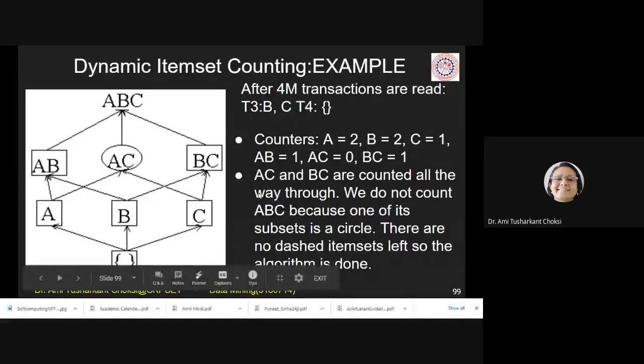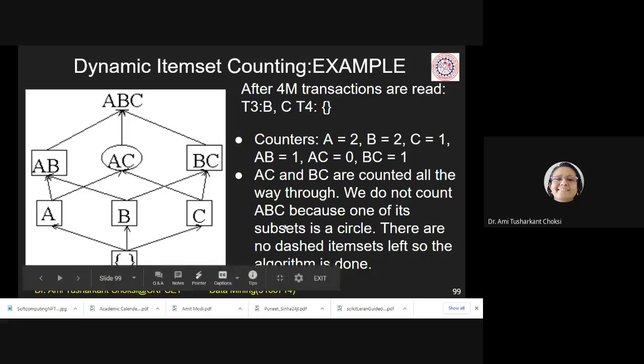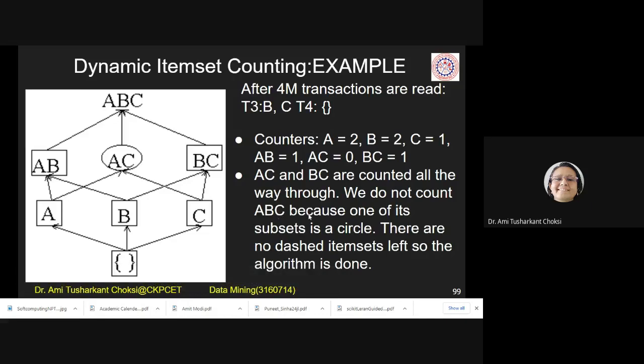AB and BC are frequent, but AC is infrequent. When one subset is infrequent, this cannot be frequent. So we are not considering anything for ABC.